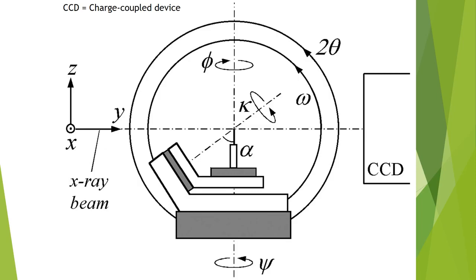There is another circle of rotation, psi, and another circle representing 2 theta.